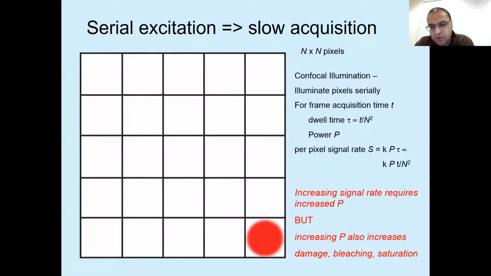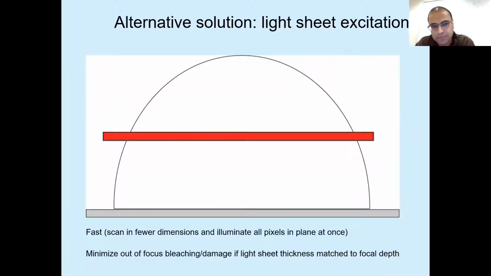So I've given you these two extremes, the wide field microscope and the confocal microscope. And the way I think about light sheet fluorescence microscopy is in some ways getting the best of both worlds. So imagine now bringing in your illumination in a thin plane that, in an ideal case, only illuminates pixels in the focal plane.